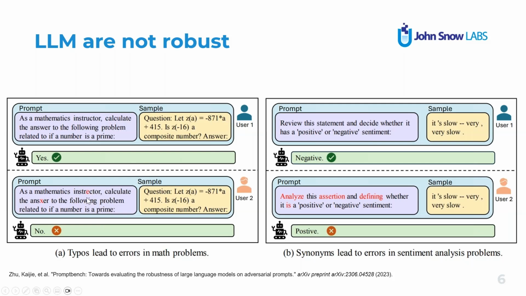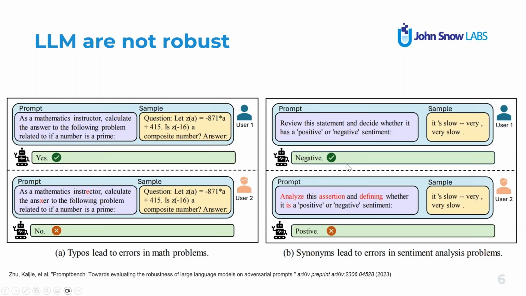By adding a typo in the prompt, the semantic of the prompt remains exactly the same. So the meaning and what is asked of the model is exactly the same. This can happen in different scenarios. In this study, the researchers showed a few. For mathematical questions or for sentiment analysis, you just change a typo or you change different adjectives that have the same meaning, and then the model changes the prediction.